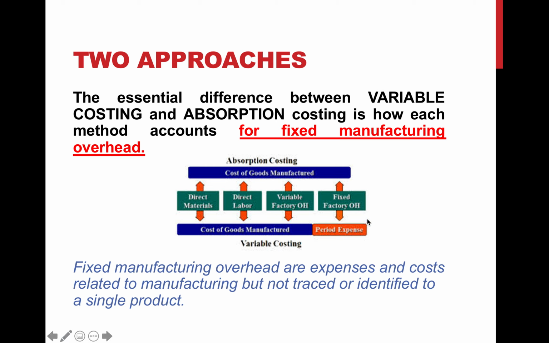So you cannot include in the cost of the product any element that has the behavior of a fixed expense, like in this case the fixed manufacturing overhead. So in variable costing, the fixed manufacturing overhead is treated as a period expense. I mean, like the salaries of administrative people, like the rent, like the energy, like all the expenses that belong to a month, for example.